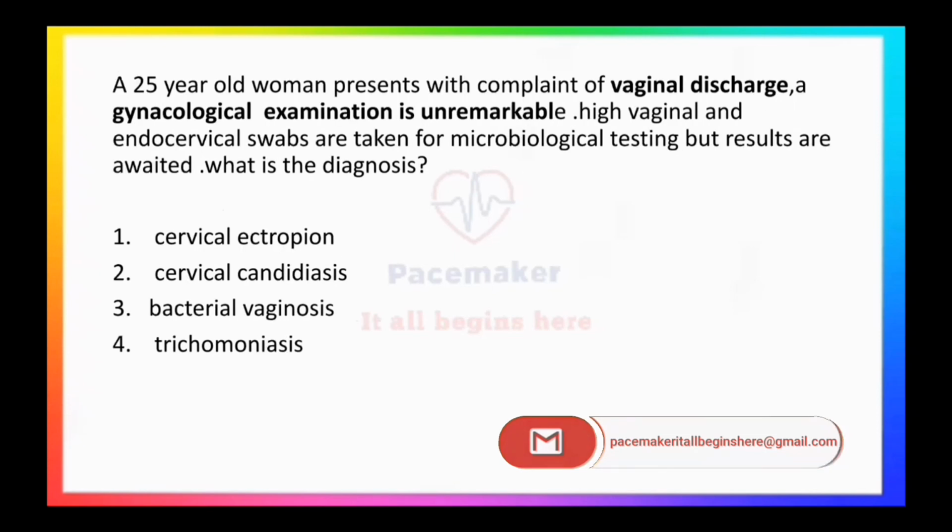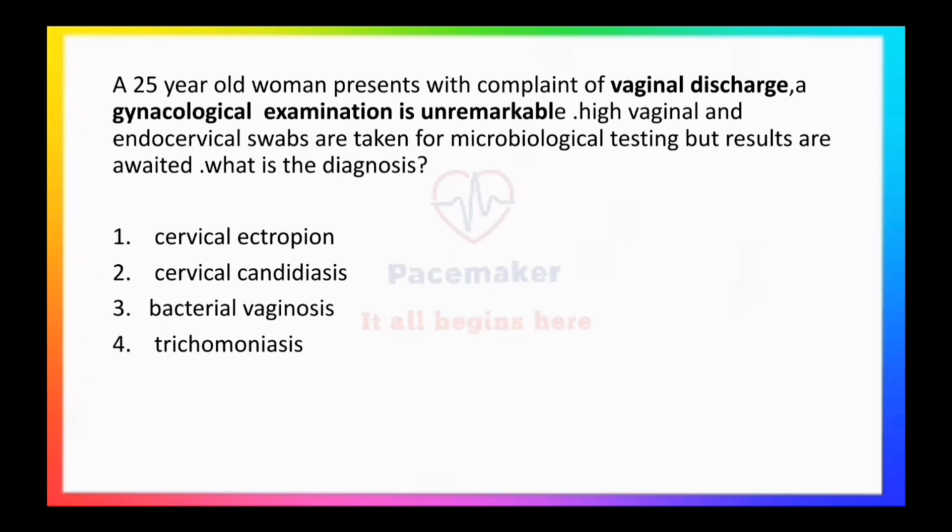And one more question. A 25-year-old woman presents with a complaint of vaginal discharge. A gynecological examination is unremarkable. High vaginal and endocervical swabs are taken for microbiological testing, but results are awaited. What is the diagnosis? See, there are only 2 hints in the question which will rule out many of the options: vaginal discharge and unremarkable examination findings.